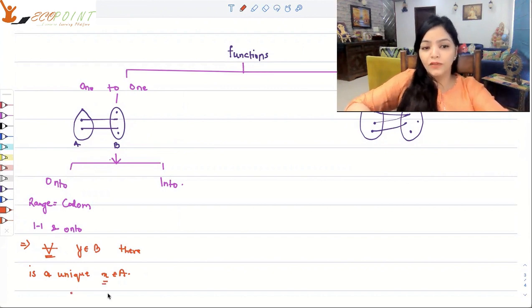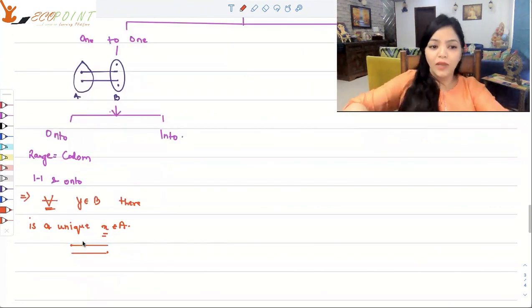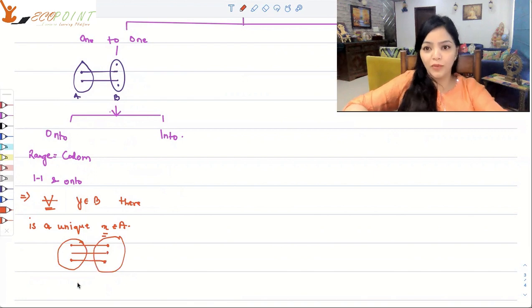That would give you a one-to-one correspondence in terms of mapping. So you have a scenario where you have no idle element in the domain and no idle element in the codomain as well. This is a very, very important property, and we'll talk about it in the next video.